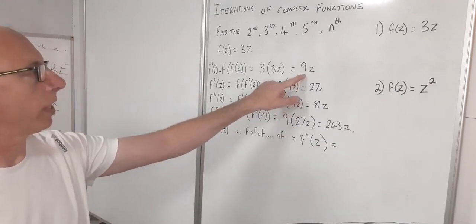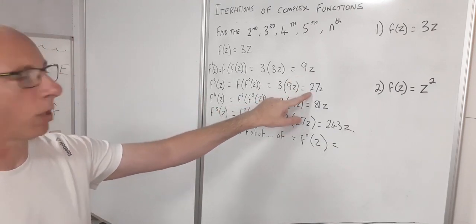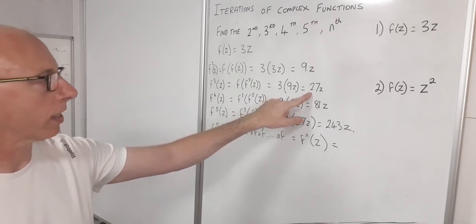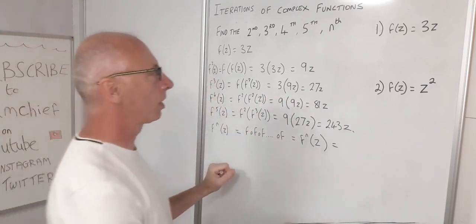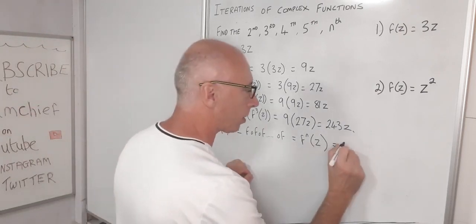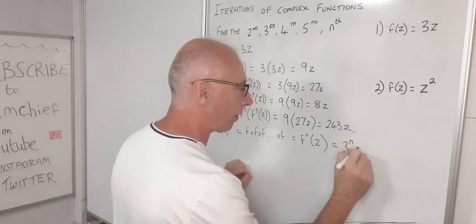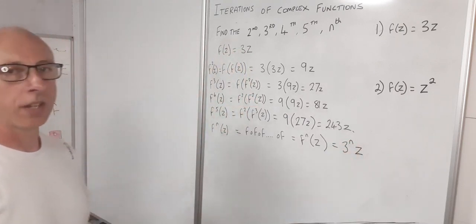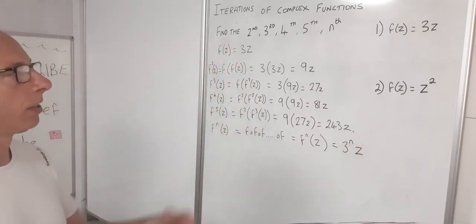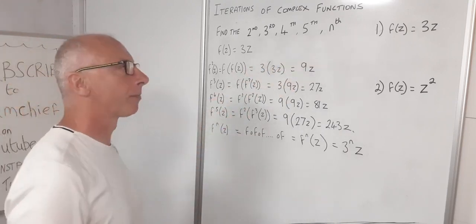So the second one is 9 and the third one is 27. This looks like 3 to the power of whatever iteration we've got. So that gives us 3 to the power of n, times z. That's our nth iteration for this formula.